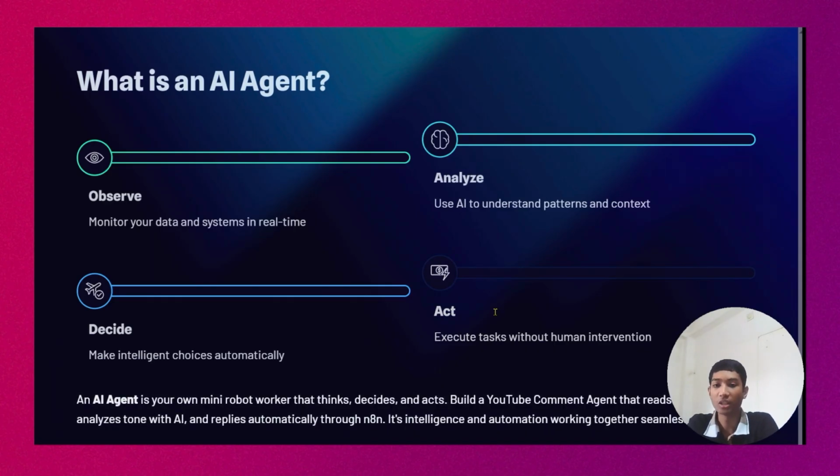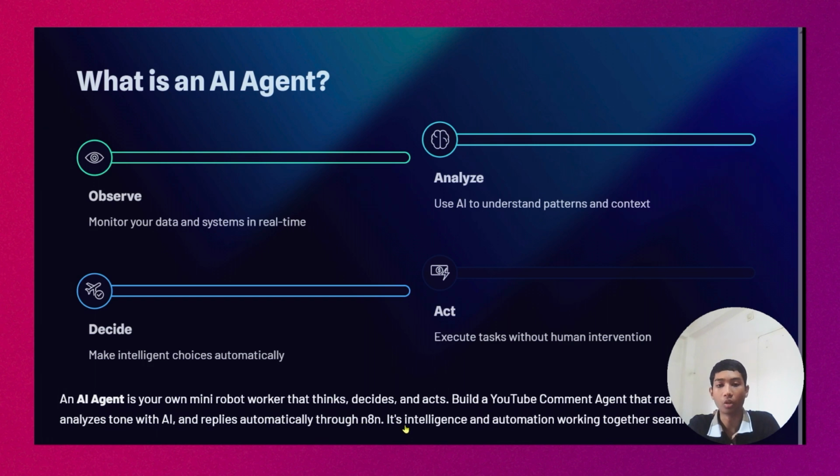Actually, an AI agent is your own mini robot worker that thinks, decides, and acts. For example, build a YouTube comment agent that reads comments, analyzes tone with AI, and replies automatically through n8n. It's intelligence and automation working together seamlessly.